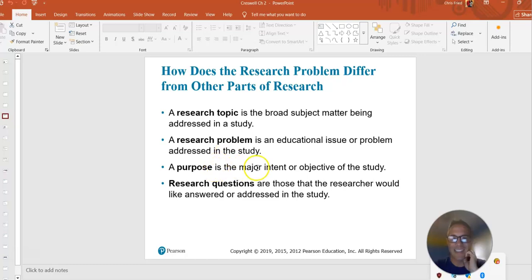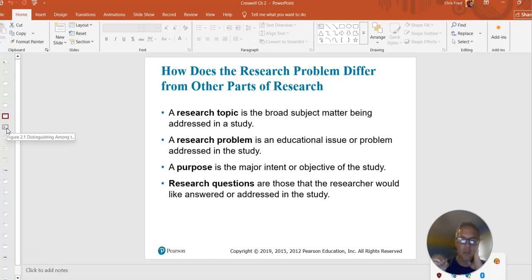Okay? The purpose is the intent or the objective of why you're going to write your paper, why you're going to do the study. And then the research questions are those things that you would like answered by your study, by your research. Depending upon which direction you go, it depends upon how you will go about that. So these are major components of research, and also how the research problem differs from other parts of research.